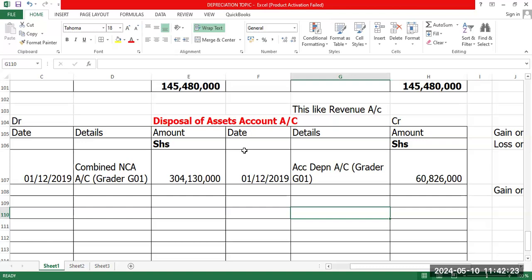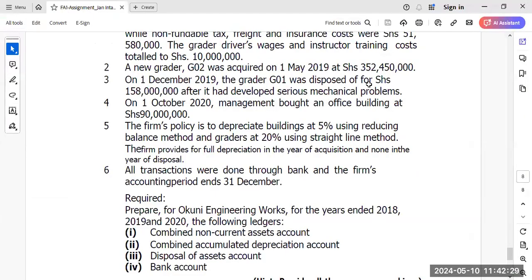Note number 3 of the question. They said on 1st December 2019, the grade was disposed of for this amount.